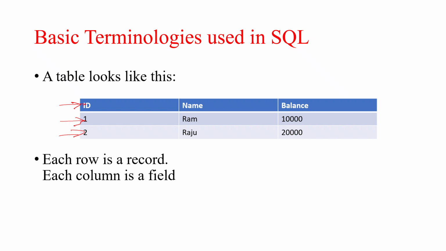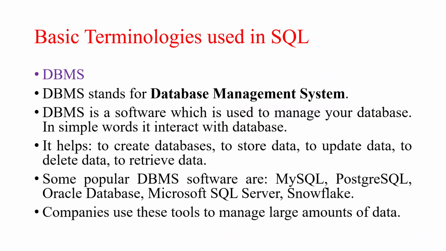Each row is called a record, and each column is called a field. This is the general form of a table.